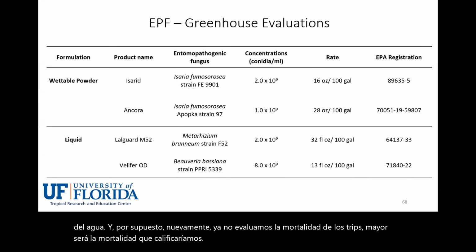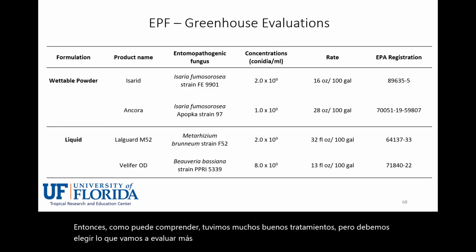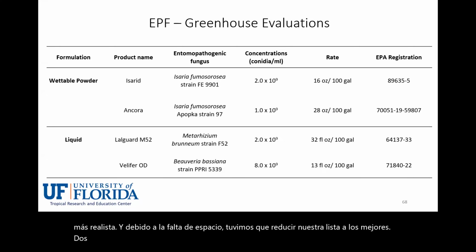So as you can understand, we had a lot of good treatments, but we need to make a choice of what we are going to further evaluate under greenhouse using plants in a more realistic environment. And due to the lack of space, we had to narrow our list into the best 2 wettable powder formulations and the best 2 liquid formulations based on our lab assays.